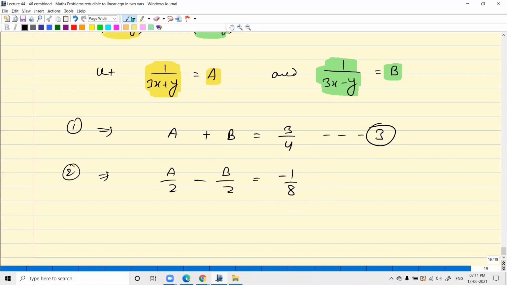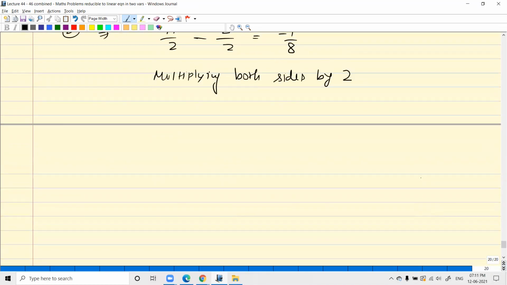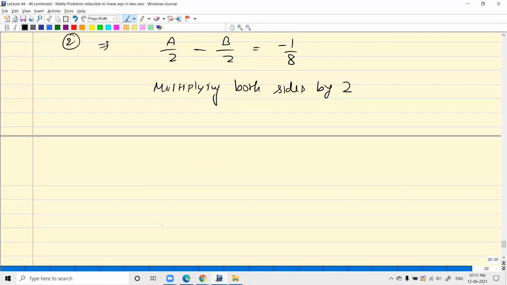So you see there is a 2 common in all of them. This is 2, 2, and this also has 2. So why not multiply all these numbers by 2 so that it becomes very simple. What would I get? A by 2 into 2 minus b by 2 into 2.